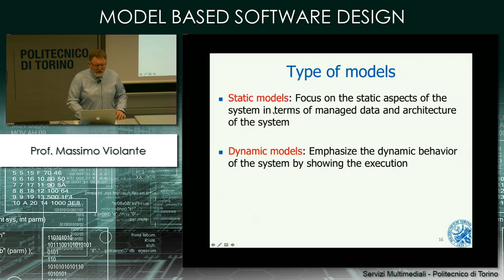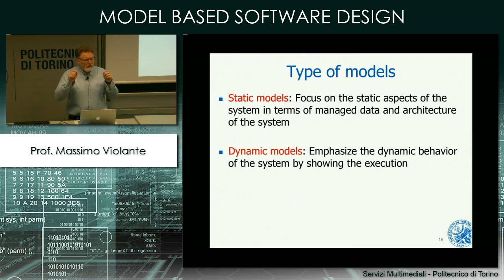In the static models, you are interested in the architecture of the system. Think about the ISO 26262. We have seen that we start from the system design, where we define the architecture of our system in terms of, let me say, big boxes that are somehow interconnected.